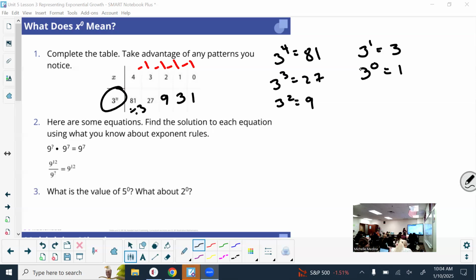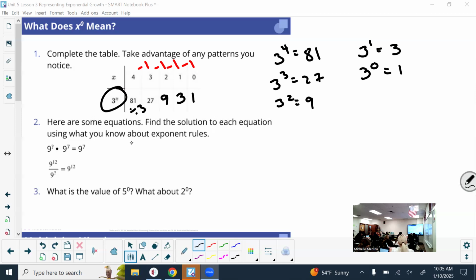Now you had to find the parts of the equation that were missing in the next one. That's kind of similar to our warm-up, except they're replacing something else. They're not asking what it rewrites to. But knowing what we know from our warm-up, if I have 9 to the power of something times 9 to the power of 7, and it equals 9 to the power of 7, what must that something be?